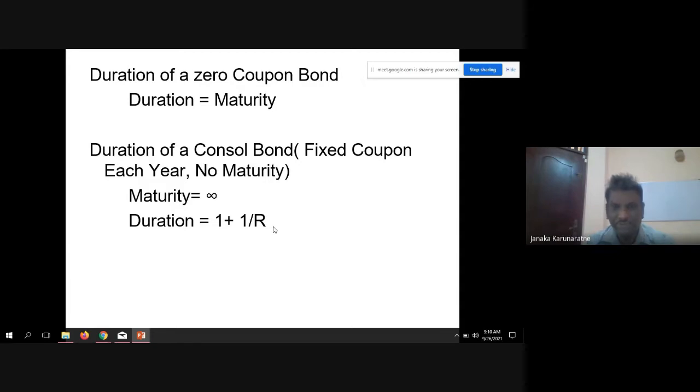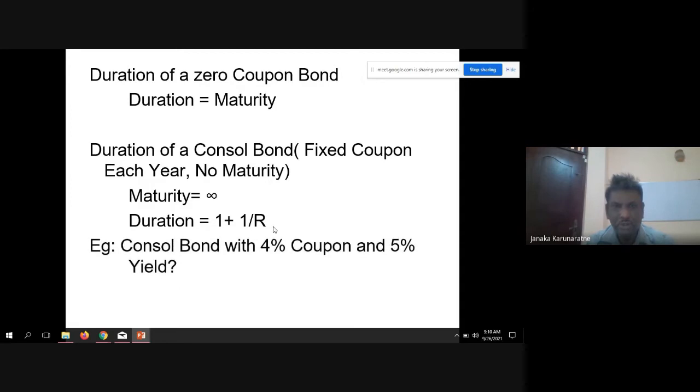Now, if you take a consol bond with 4% coupon and 5% yield, what is the duration? 1 plus 1 divided by 0.05. The coupon is the fixed amount you earn from the bond, but 5% is the yield to maturity.